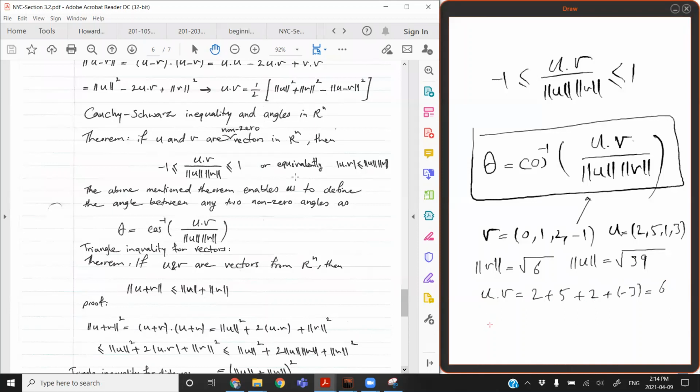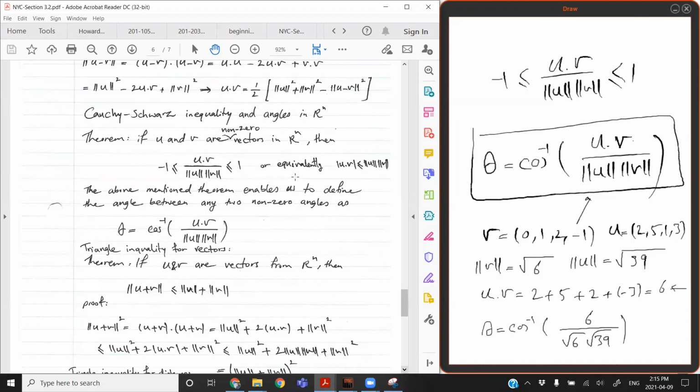So theta is going to be cos inverse of 6 over root 6 times root 39. And this is going to be defined because what I have inside the brackets is between negative 1 and 1. I already know that the angle is going to be acute because the dot product is a positive number.